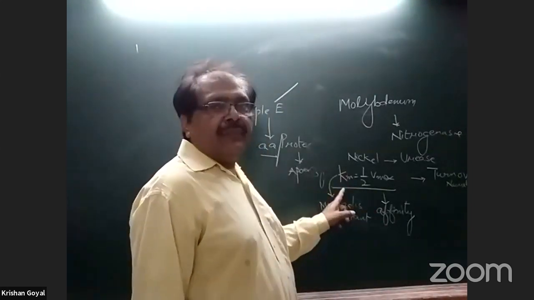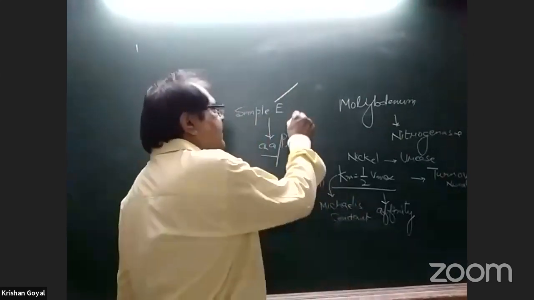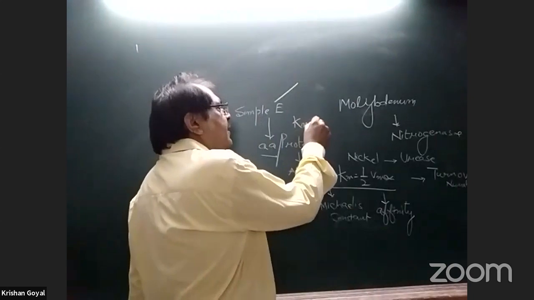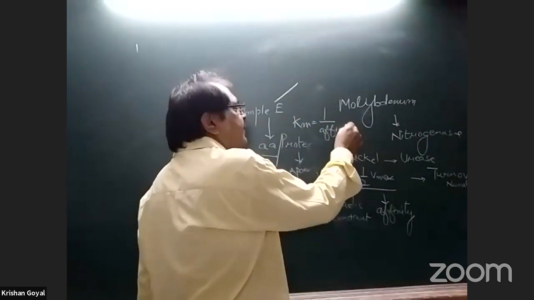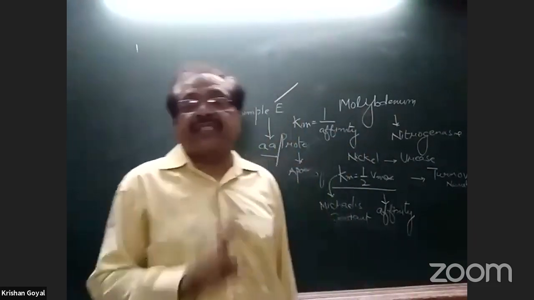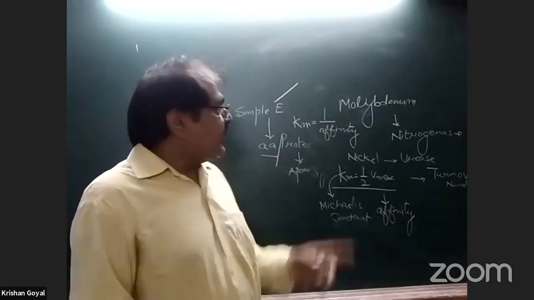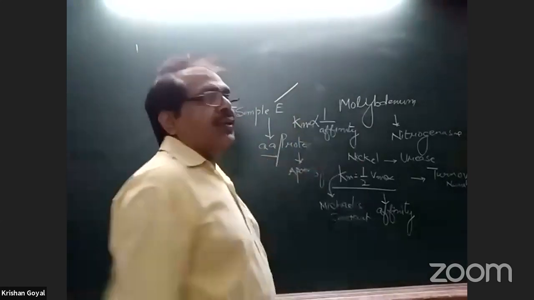Lower is the Km, higher is the affinity. Or just to remember, we can say that Km is inversely proportional to the affinity of the enzyme for that substrate.